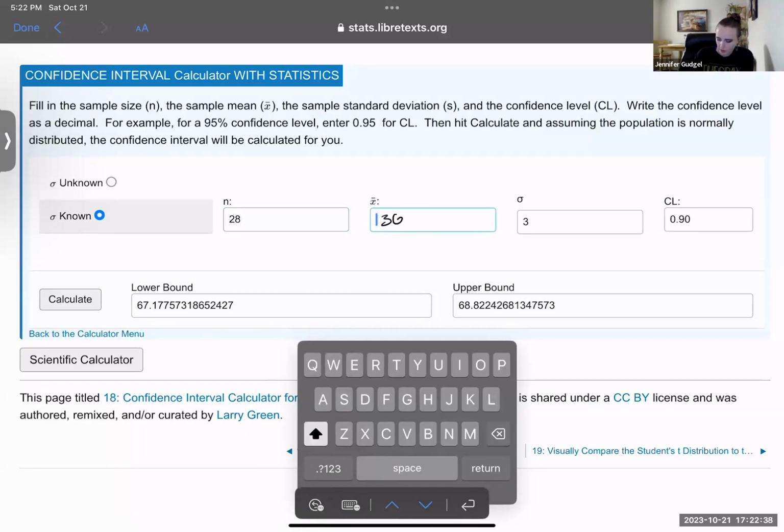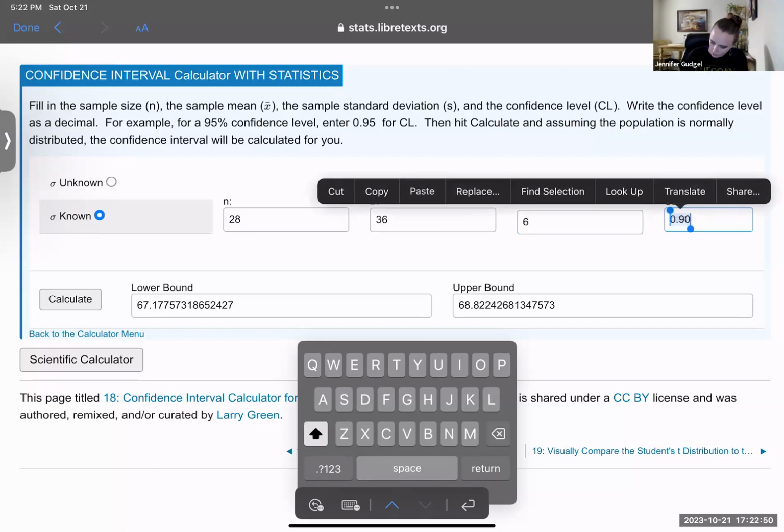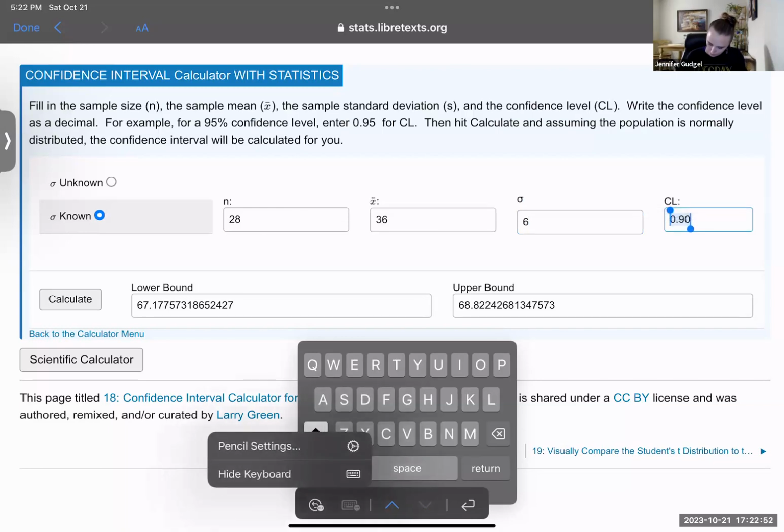We had an X bar of 36. We had a standard deviation of 6, and we had a confidence level of 0.95.